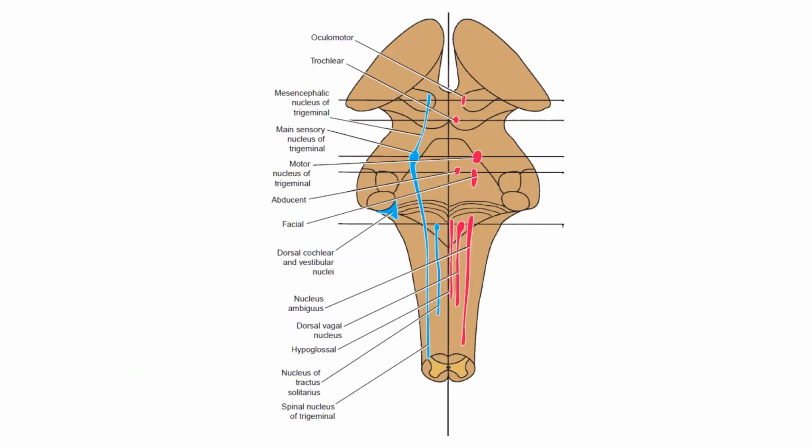Now, I'm just going to show you this. You can see that although the cranial nerves exit from specific levels of the brainstem, many times the nuclei actually occupy not just one level of the brainstem. For example, you see this very long nuclei here. This is your nuclei of the trigeminal cranial nerve 5.